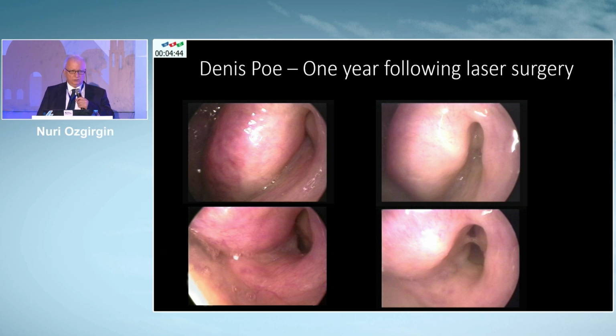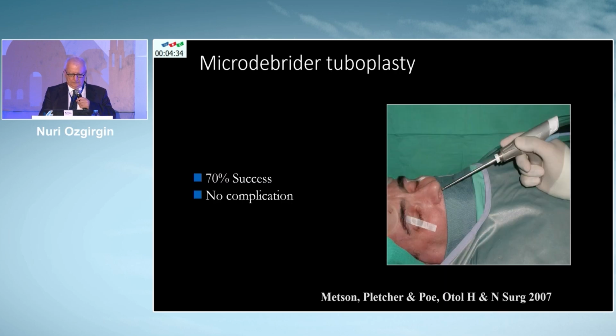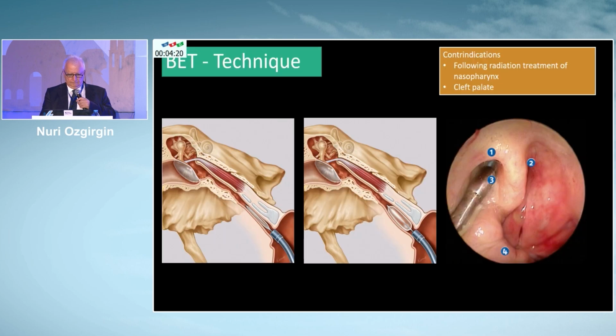One year later, following the laser surgery procedure of Dennis Poe, you can see the photographs of the nasopharynx. Then again, Dennis Poe and colleagues proceeded with the microdebrider tuboplasty, but the success was only 70%. And then with Holger Sudhoff, the balloon Eustachian tuboplasty was introduced.